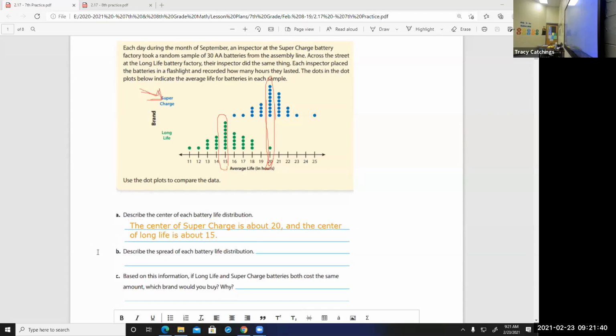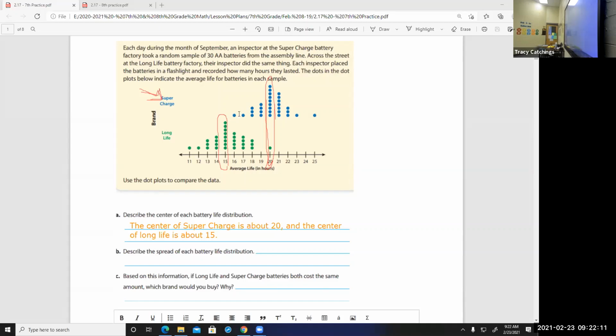Part B said describe the spread of each battery life distribution. Describe the spread. How far apart are those numbers? Look at the shape of it.